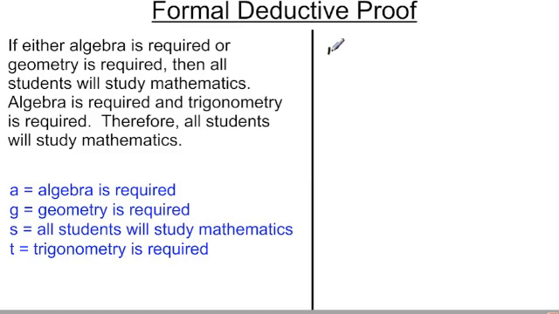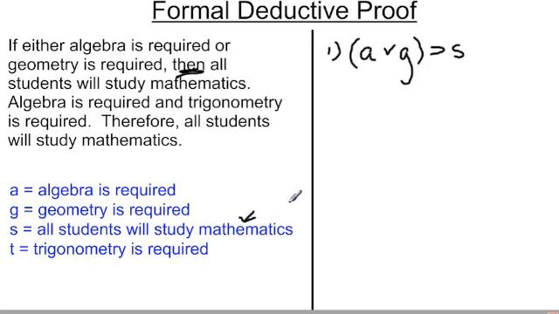We'll leave a number of lines. That's a good practice. So our first statement: A, our algebra, or geometry, G, is required. This will lead, that's our then statement that you see right here, then all students will study mathematics. And so that was our term S, as we see right here.